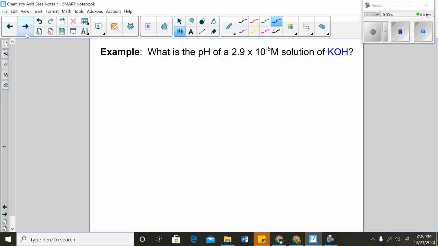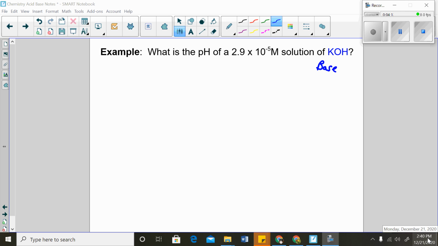Next example. All right. So now you have, what is the pH of a 2.9 times 10 to the negative 5th molar solution of KOH. So KOH is actually a base. You're like, okay, so why does that mean anything?